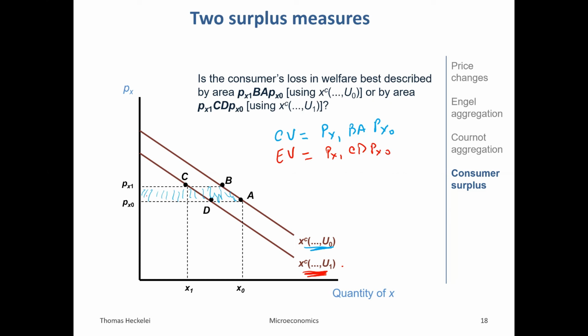So the area between the price change and below the new compensated demand function over here. Now, you can see that they are different. How can we decide which one is more appropriate then?